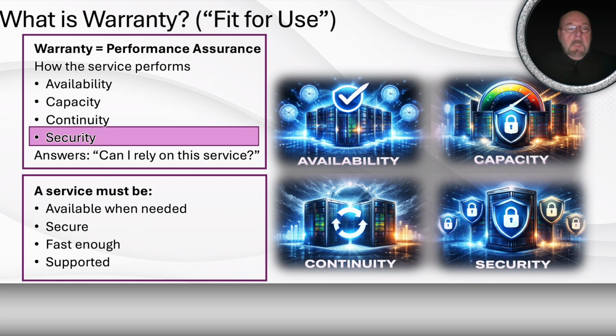Security: the other things might be mechanical or human error, but security is strictly about attack. It can be physical and it can be logical. And we respond to security risks by putting in security controls.